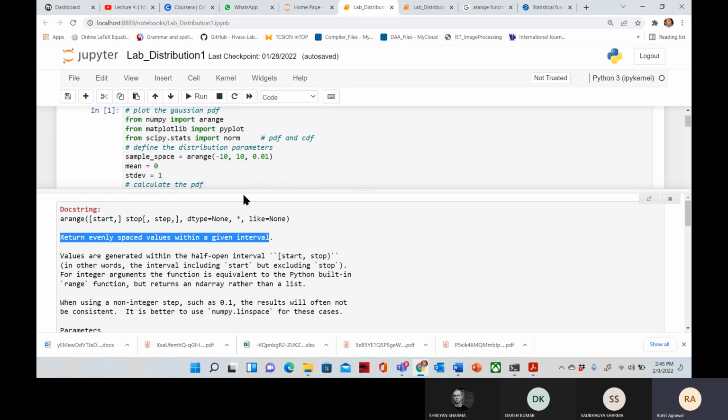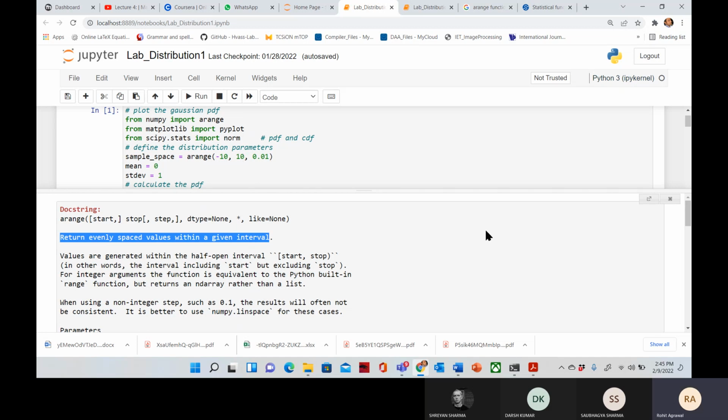That means from minus 10 to plus 10, it will return evenly spaced values. And the step I am giving is 0.01. So it will start from minus 10, end before 10, and the values will be separated by 0.01.